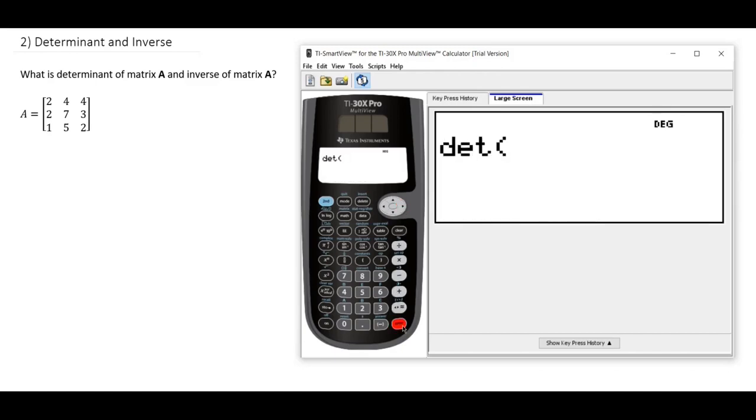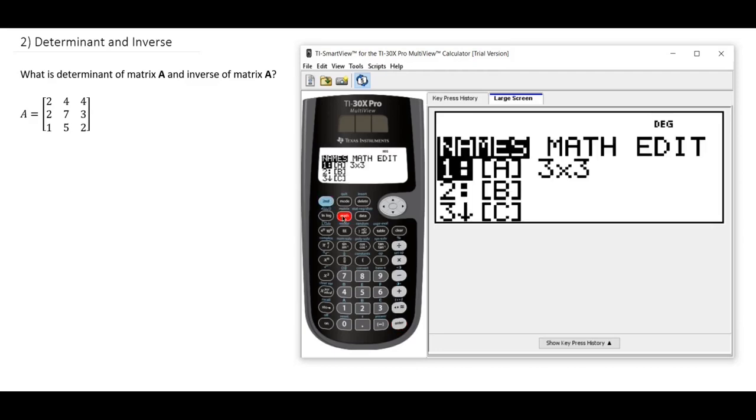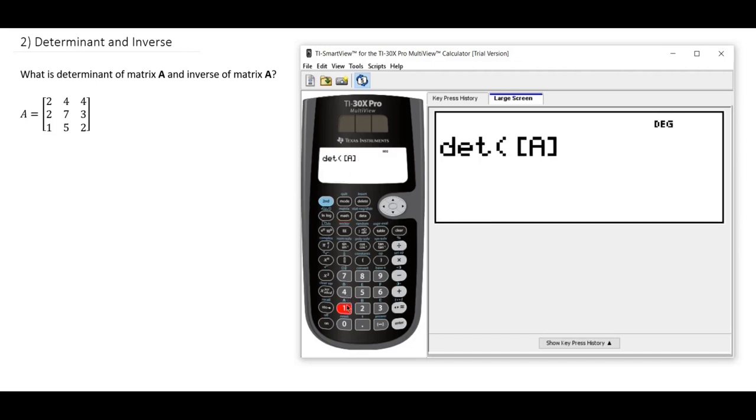So this gives us determinant parentheses, and now we need to enter matrix A. We do that again by going into matrix, and then pressing 1 for matrix A. And now we just need to close off the parentheses. Enter. So this gives you a determinant of 6.